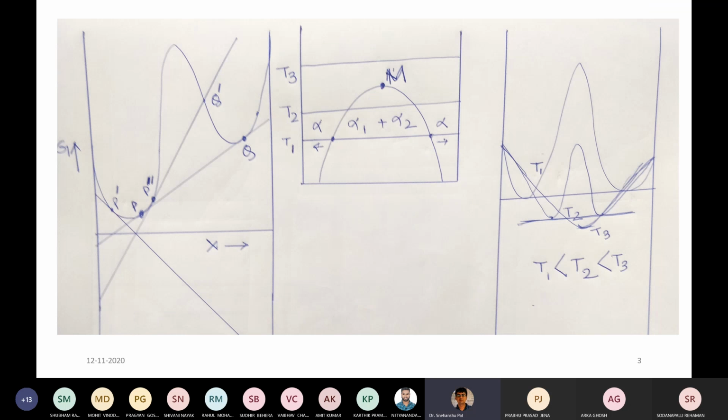Here you see the same thing, that there are three temperatures, T1, T2 and T3, and T1 is less than T2, T2 is less than T3, meaning the highest temperature is T3. Now, the complete left hand side is a free energy composition diagram.